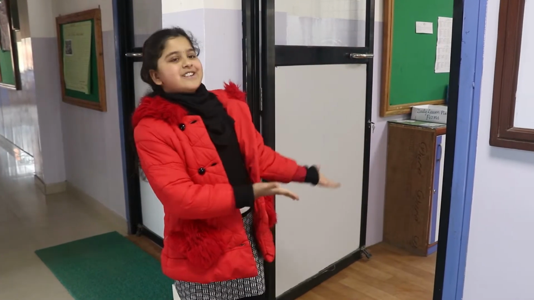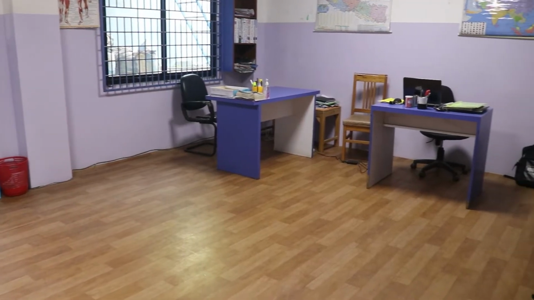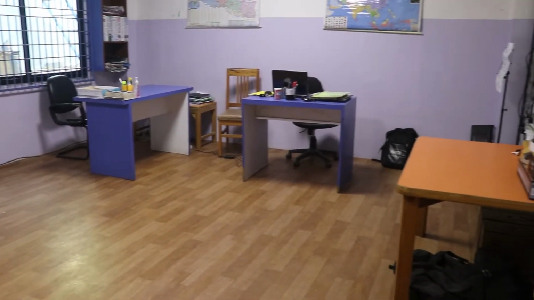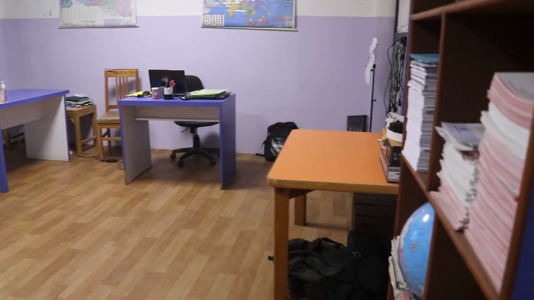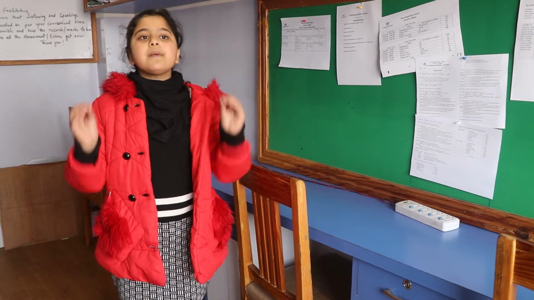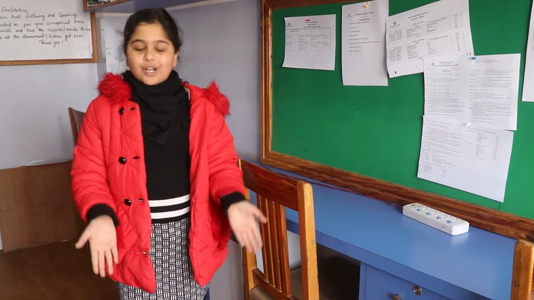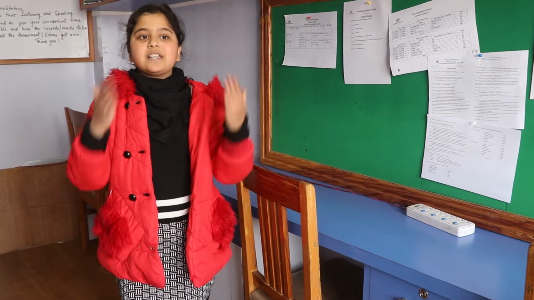In the second building, first we have our resource center office where our teachers print our handouts and worksheets. This is our staff room where teachers come in free time in order to research or support us in learning.